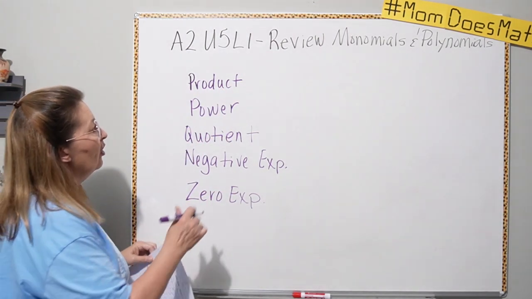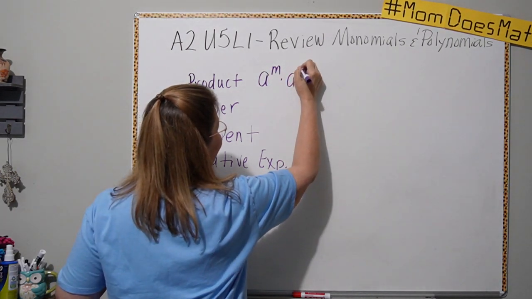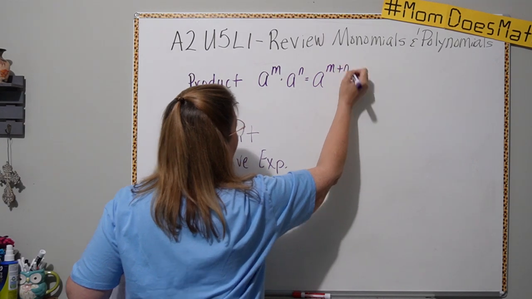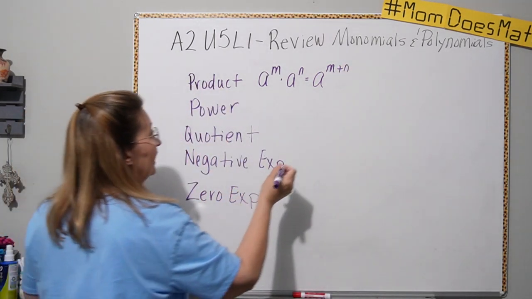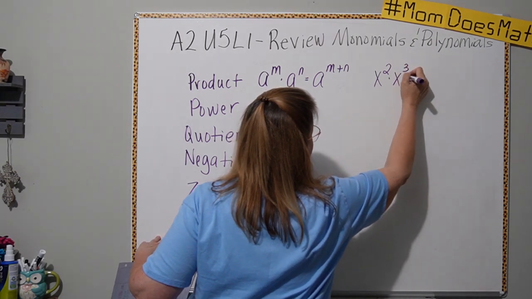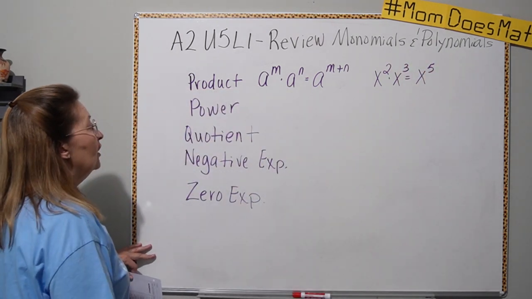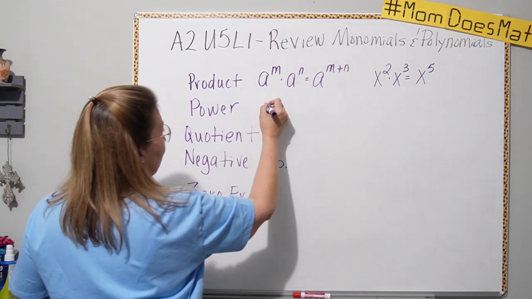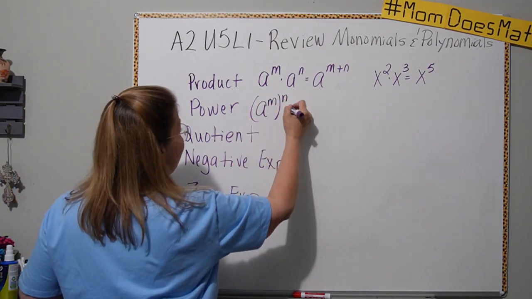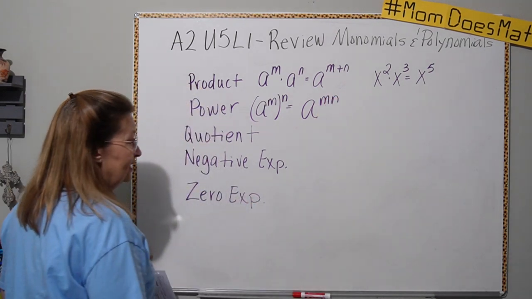Now, you had your product rule, which said a to the m times a to the n is equal to a to the m plus n. Remember, you add. And an example of this would be like x to the second times x to the third equals x to the fifth. All right, your power property said a to the m to the n is equal to a to the m times n.